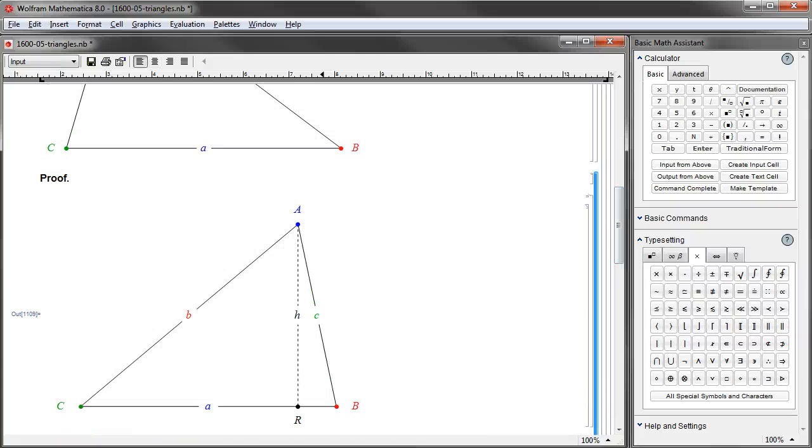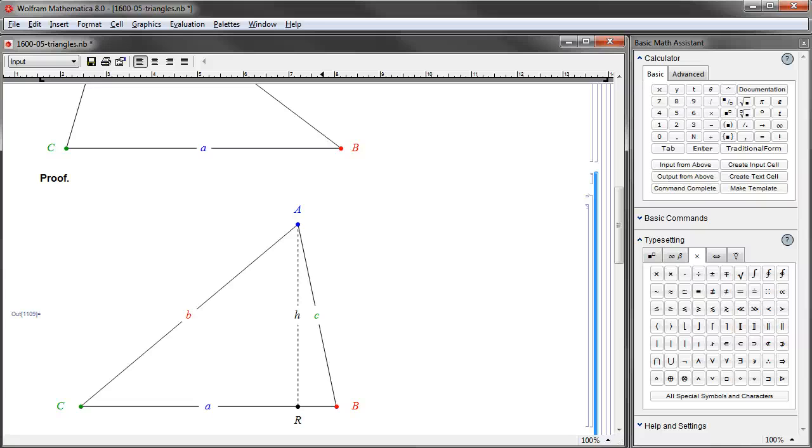Here we go. We have a triangle ABC, and we begin with drawing a vertical line from top point A, and we have R, and H is the height of the triangle, as you can see in this picture. Now what you need to do is to look at 2 right triangles, left hand side and the right hand side.